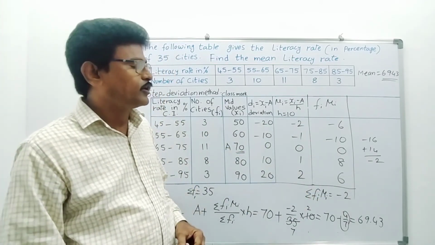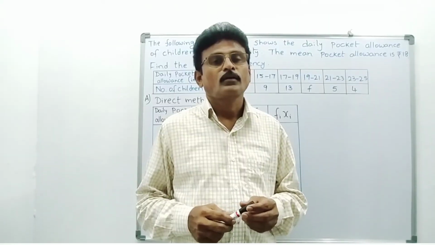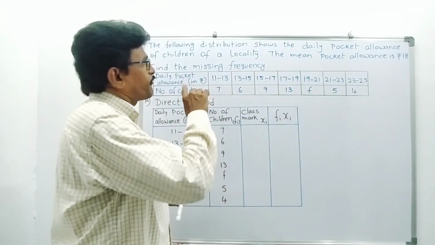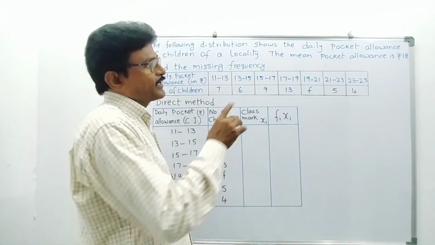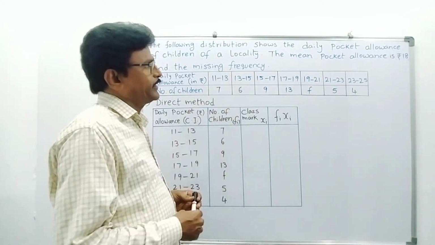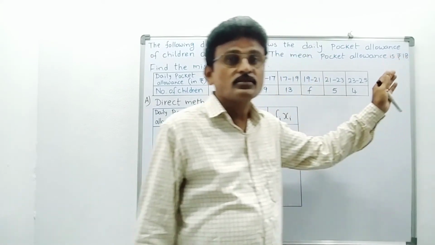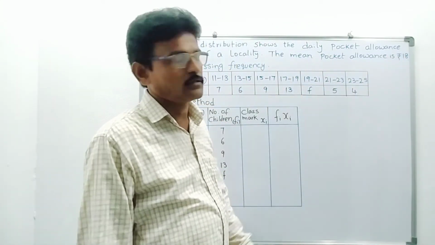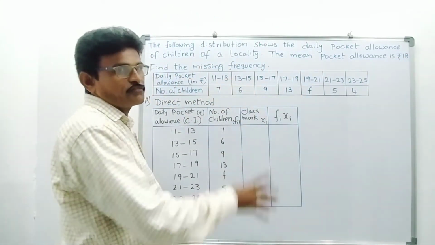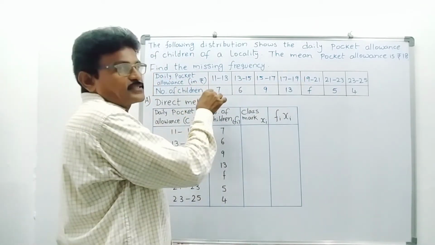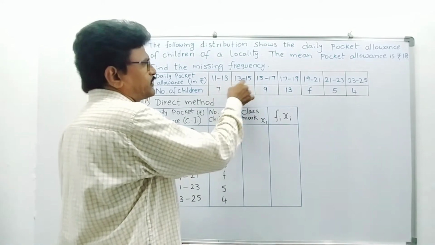Right? Now we'll go to the next problem. Students, observe this problem. The following distribution shows the daily pocket allowance of children of a locality. The mean pocket allowance is 18 rupees. Here the answer is given, mean 18 rupees. Now find the missing frequency. In this table, the daily pocket allowance in rupees is given as class intervals: 11 to 13, 13 to 15, like that.